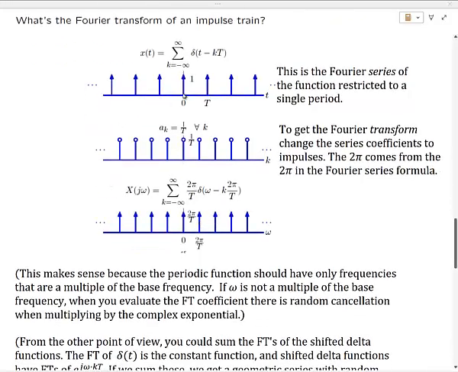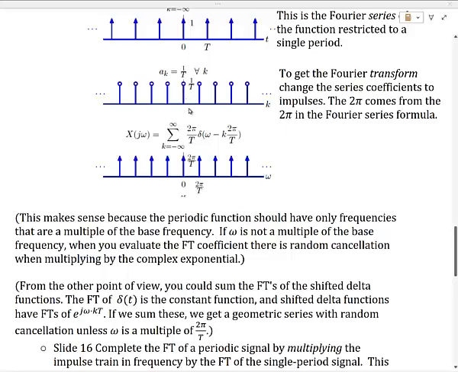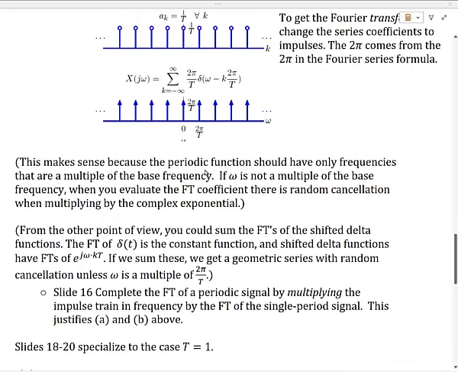So we went to the sequence of delta functions, found the inverse Fourier transform of that by going through the Fourier series again, relating Fourier series to Fourier transform, and finally got the result that we wanted.